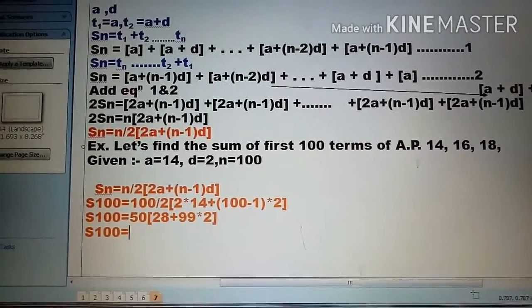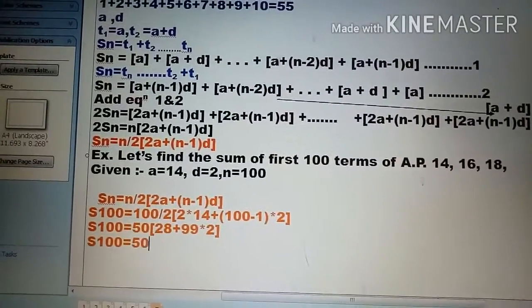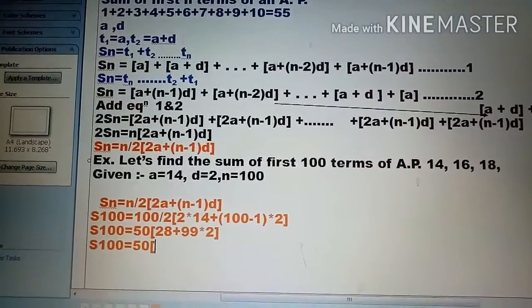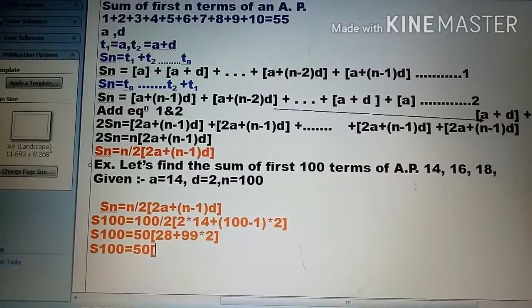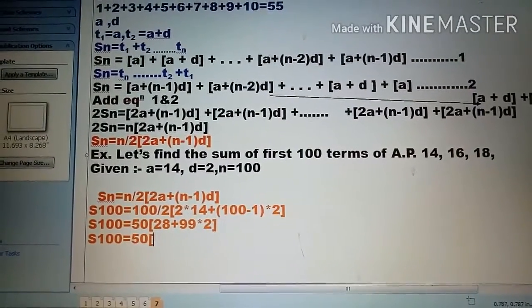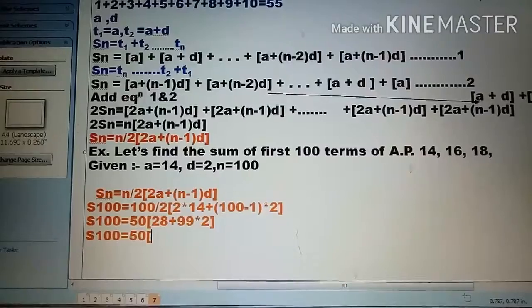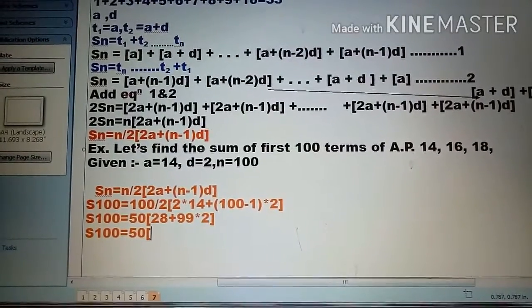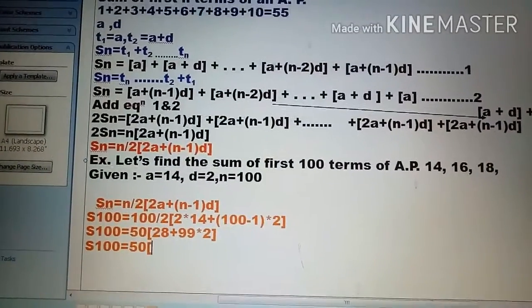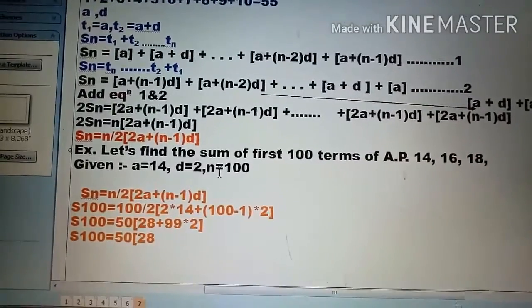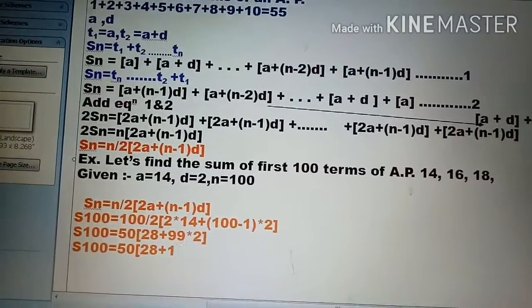So S100 is equal to 50 as it is, in bracket 99 into 2 is 198, and plus 28, plus 198.